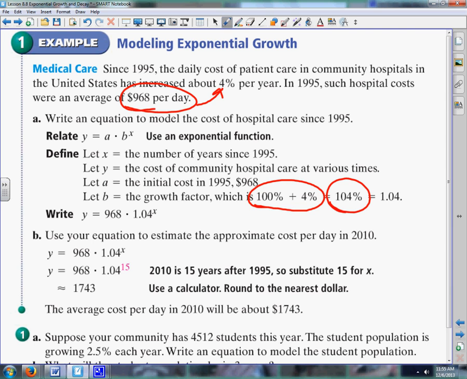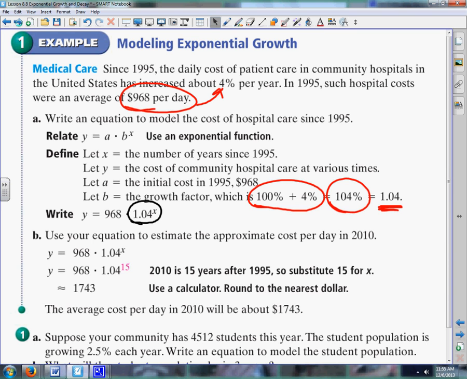So what happens is you get 104%, which is a 1.04 multiplier, kind of like in the problems we did previously with the animals, and they were tripling or quadrupling. Instead of putting a 3 there for tripling like that, they do the growth factor, which is 104%.